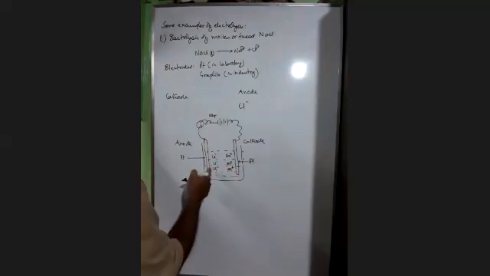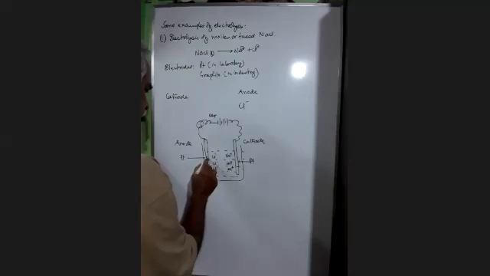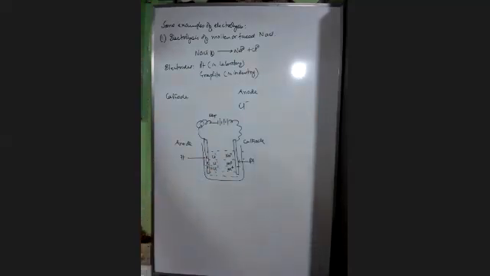Okay. Now this Cl minus will go to the anode. Moment it goes to the anode, this electron will be here. This electron will be here.